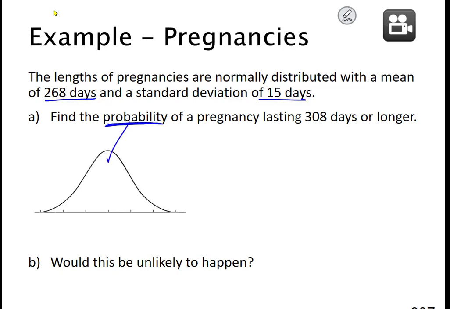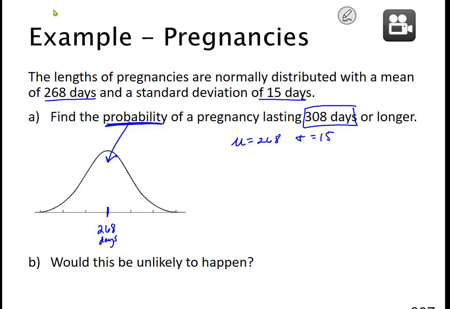You might remember that the probability is inside the curve, but also you can look at what you're given. So we know that the mu is 268 days, sigma is 15. If we label the normal curve on our slide, in the center is the 268. And the other piece of information that they have given us is 308 days.